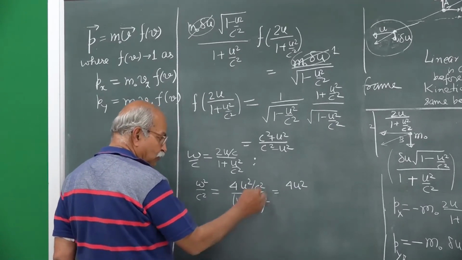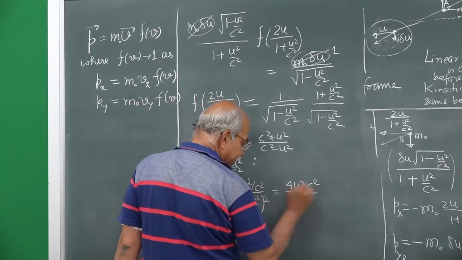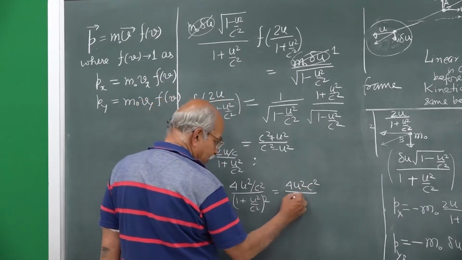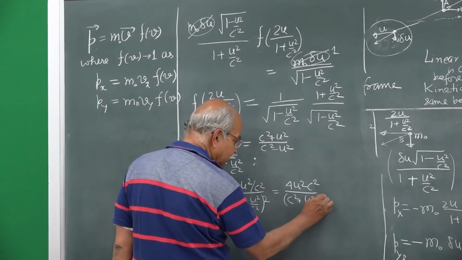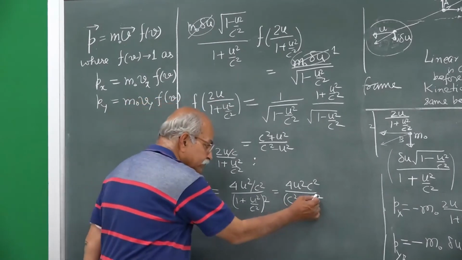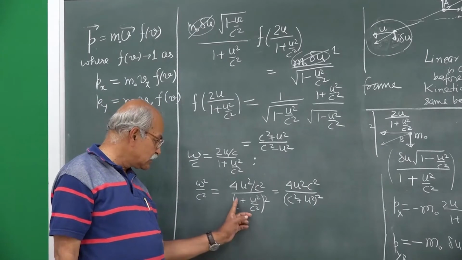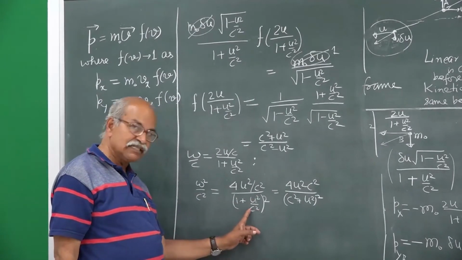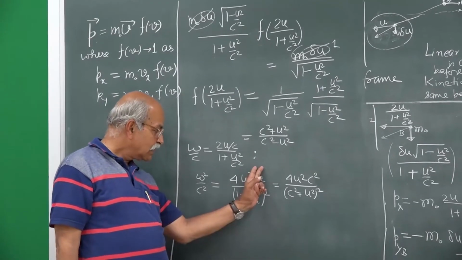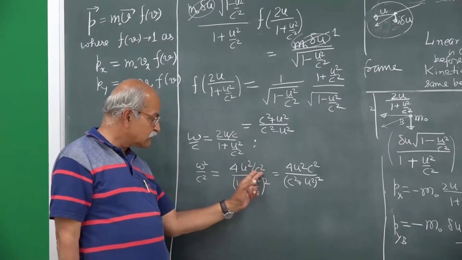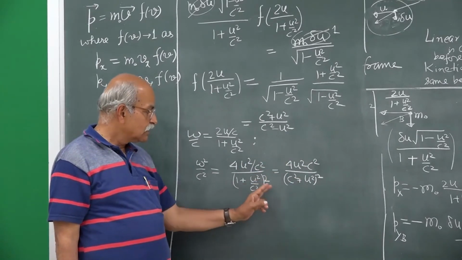So, c to the power 4 will come here, and this you can cancel, this is c square, and then it is c square plus u square whole square. Okay, simple algebra. When you square it, here you will get c square plus u square divided by c square, and squaring gives you c to the power 4 which goes up, and that c square cancels with that c4 giving you this c square, and here it is c square plus u square whole square.